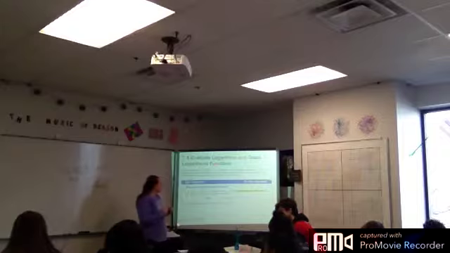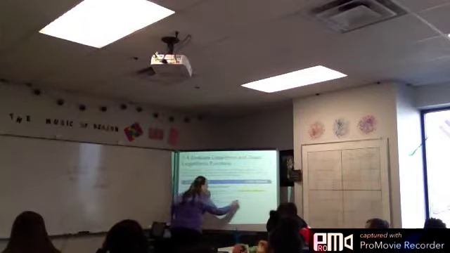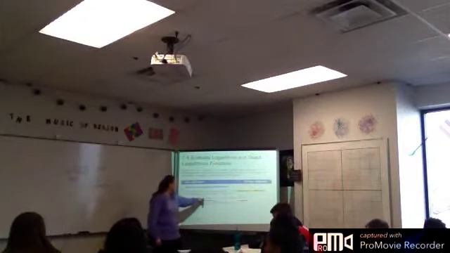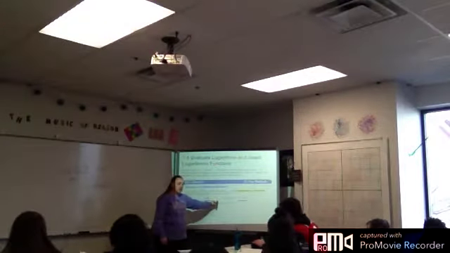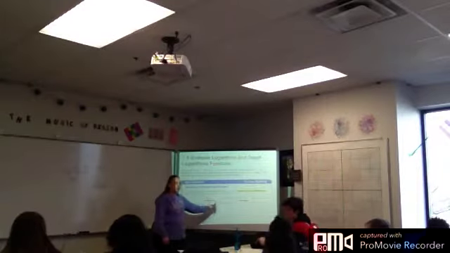Now, when we are looking at logarithmic functions, it can be written one of two ways. If it's written this way, we read it like this: log base b of y equals x.